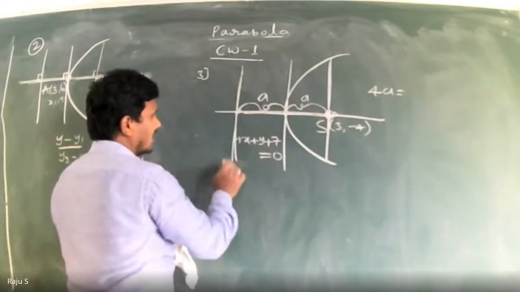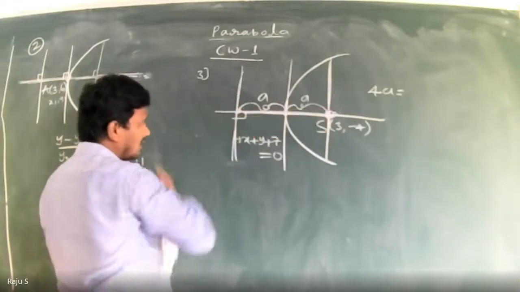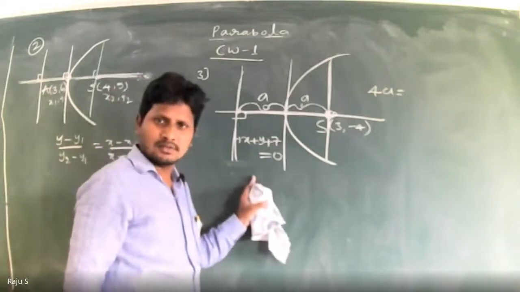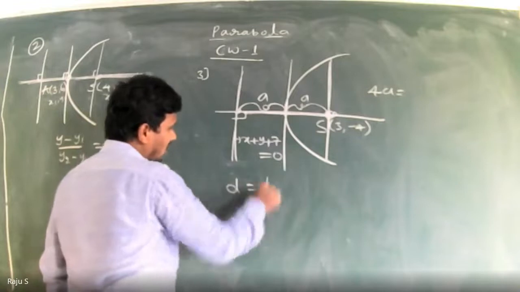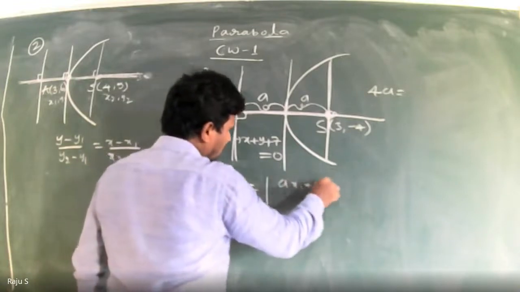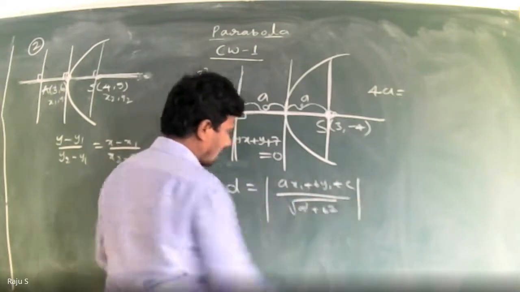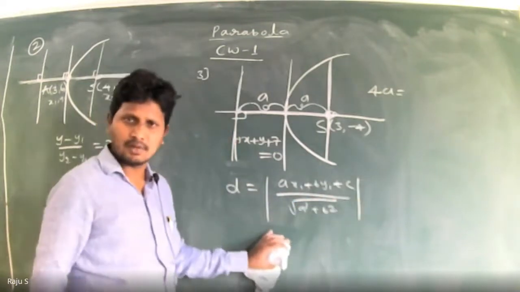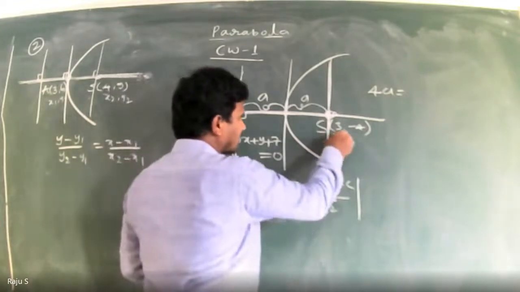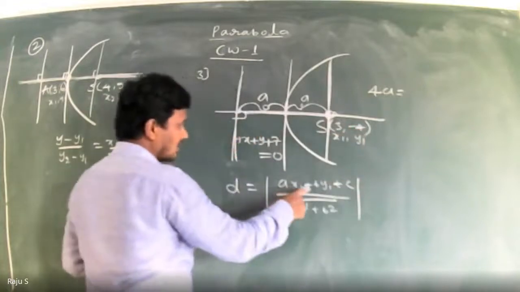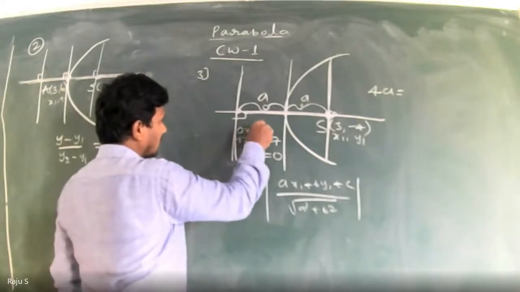Here the line equation is given, the point is given. This is clearly the perpendicular distance. The perpendicular distance formula is d is equal to ax1 plus by1 plus c by root over a square plus b square. I clearly told you this is a very important formula. We take x1, y1 as the focus, and compare the line with ax plus by plus c.